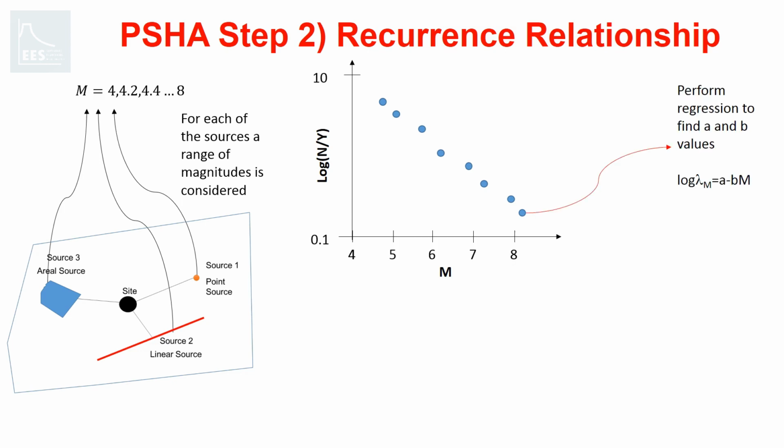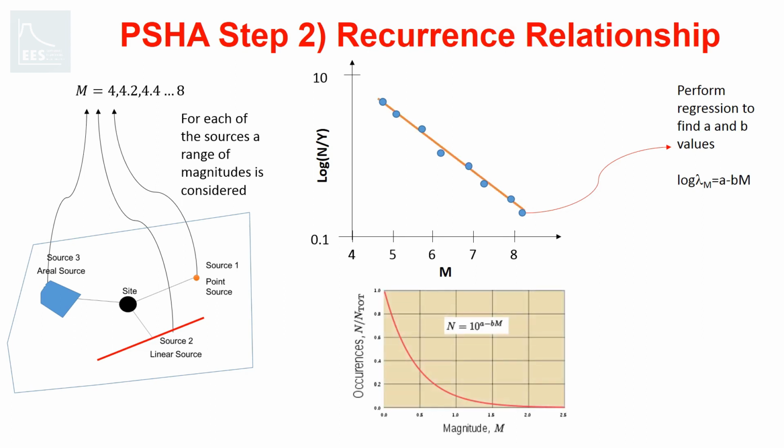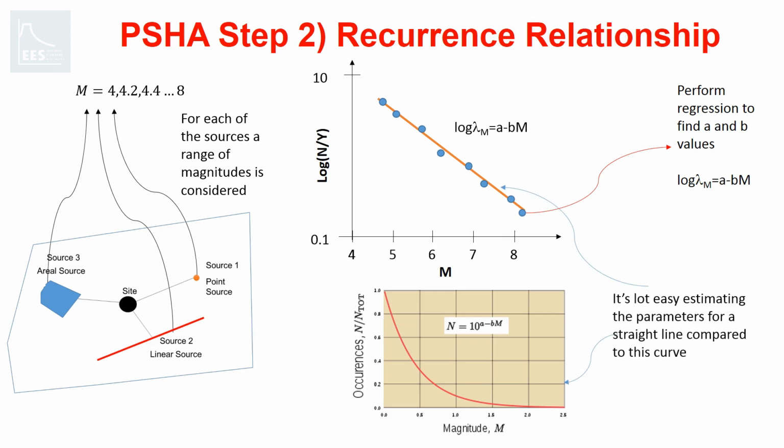Then perform linear regression to find out the coefficients a and b. Just to show you, if you don't take the log, then you will get this form, which is a curve. So estimating the parameters for a straight line is a lot easier than for a curve.